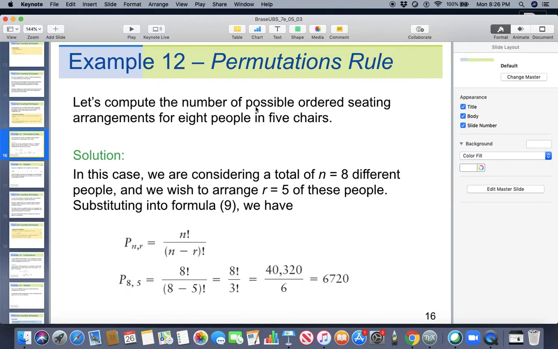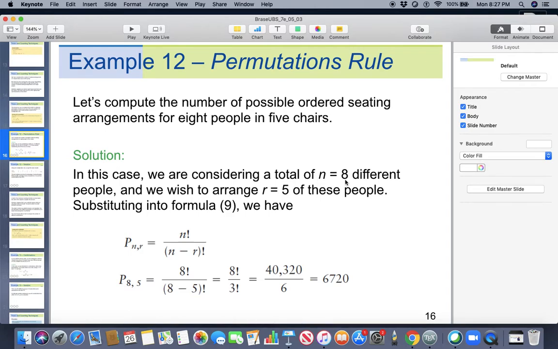Let's compute the number of possible ordered seating arrangements for 8 people in 5 chairs. So you see there are 8 people and only 5 chairs. But you are also ordering them. That is chair number 1, chair number 2. Order matters.